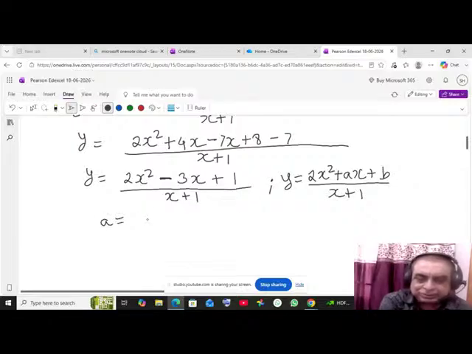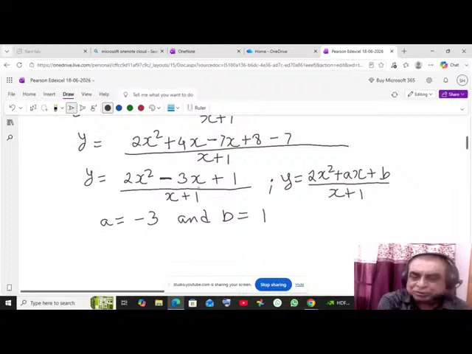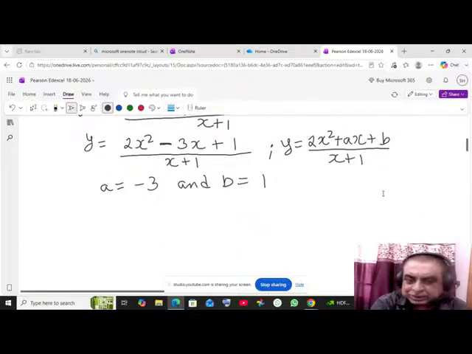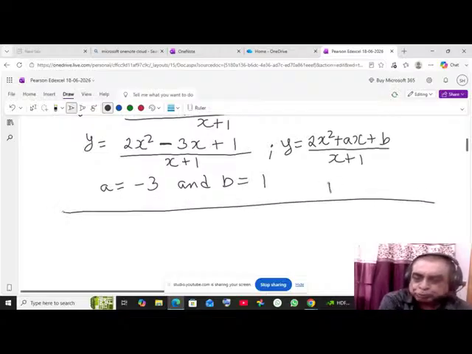Here a is the coefficient of x in the numerator, and we have got the coefficient of the x term as minus 3. So a value will be minus 3, and b value is the constant term in the numerator, which is 1. So it is proved. Okay, that thing was asked in the question.